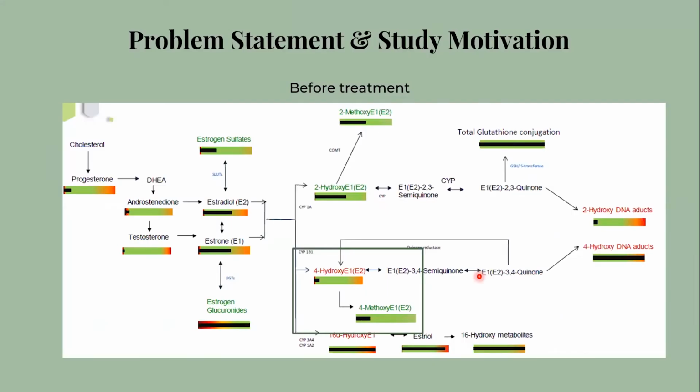At the Biotransformation and Oxidative Stress Laboratory of the Northwest University, the urinary hormone metabolite profile of clinically referred patients is routinely analyzed, and problems with the methylation metabolism are reflected by low levels of the methoxyestrogens, as can be seen here, and increased levels of the glutathione conjugates and DNA adducts.